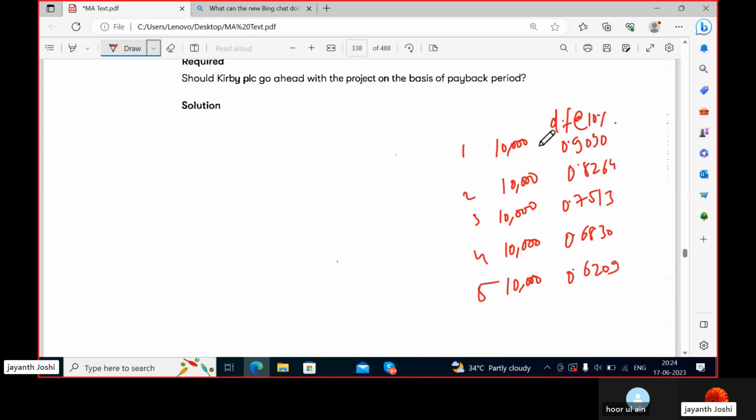Okay. Now what we'll do is we'll multiply this to get the discounted cash flow. We will add all this.